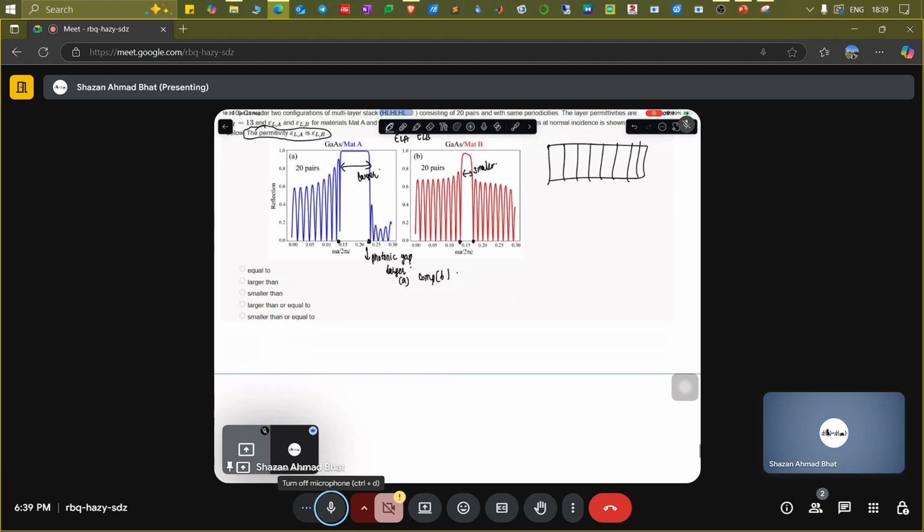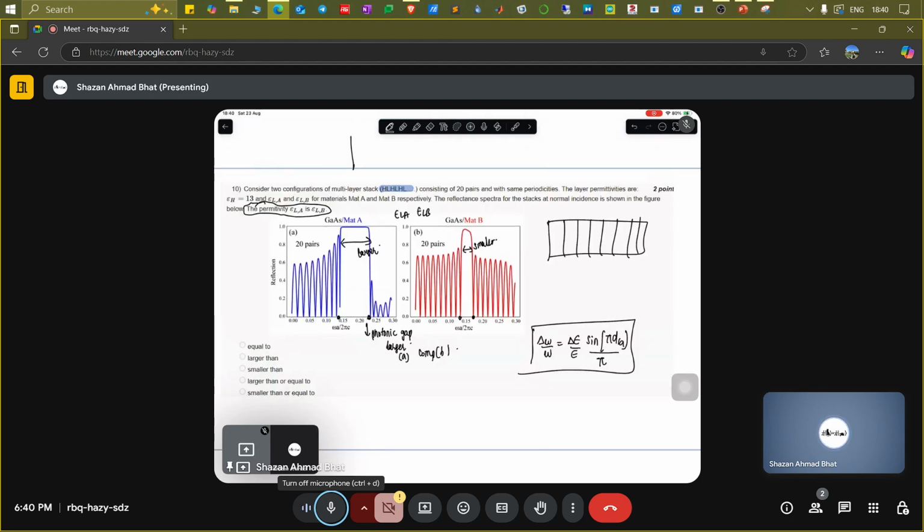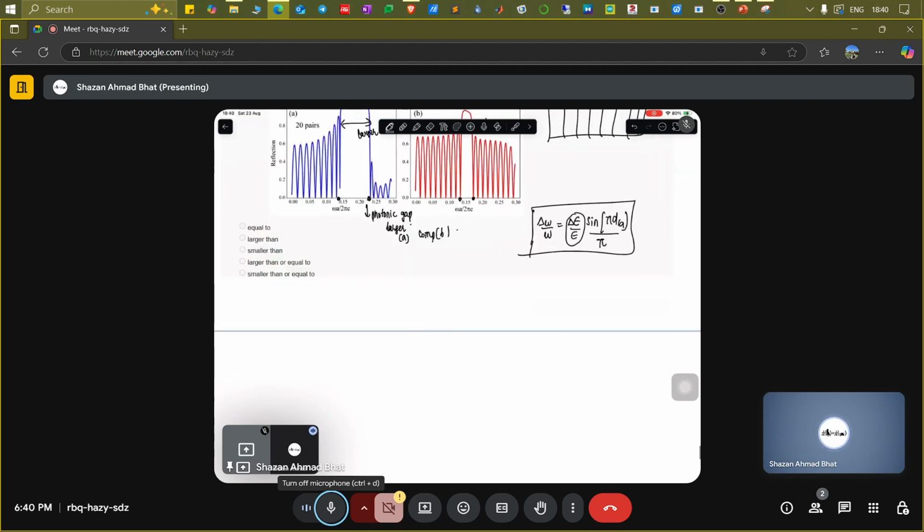So we saw that we can write delta omega by omega as delta epsilon by epsilon, some sine pi d over a divided by pi. So this is basically the permittivity contrast.